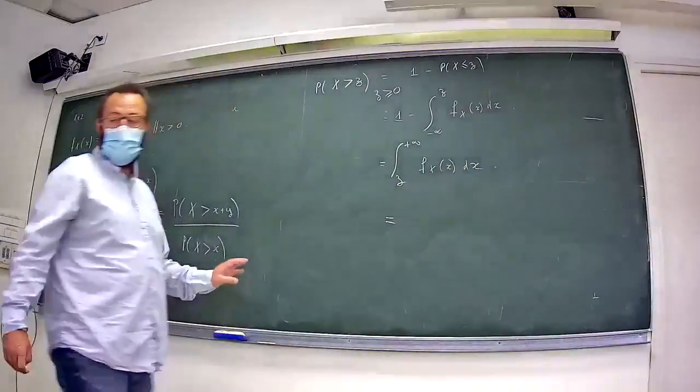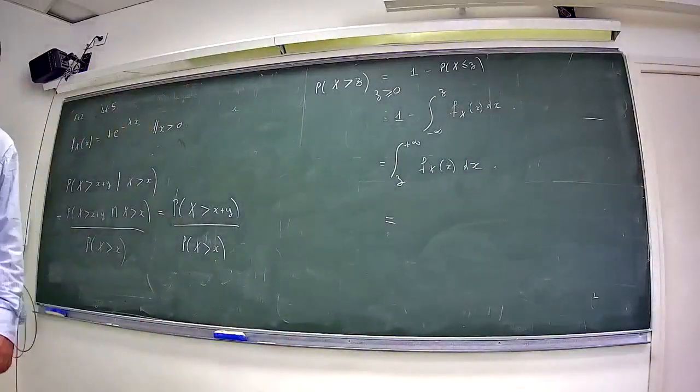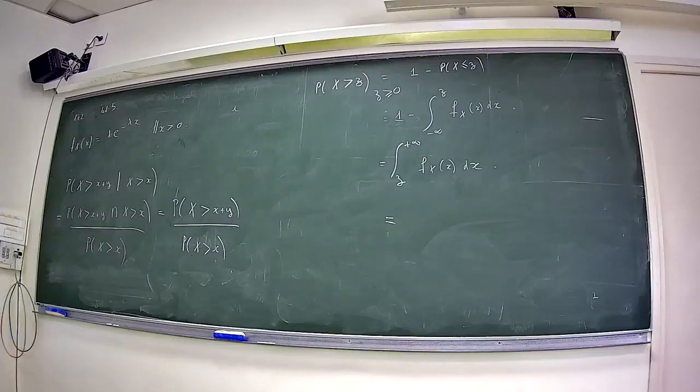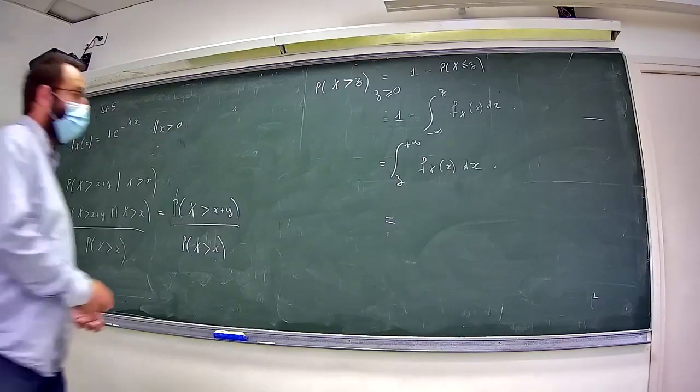But for the moment, I need to use the fact that I have an exponential. My z is positive, so I have something here that is a subset of R plus. On this subset, the density is given by lambda exponential minus lambda x, because I check the condition for the indicator function.